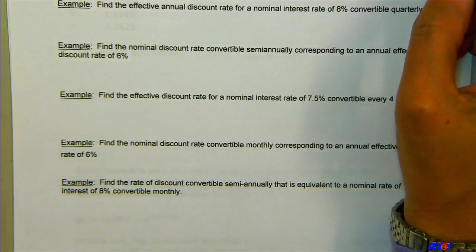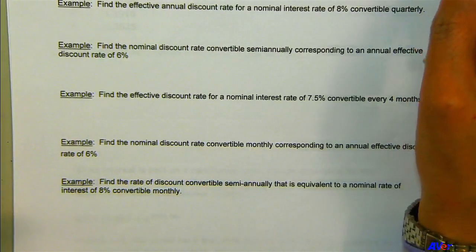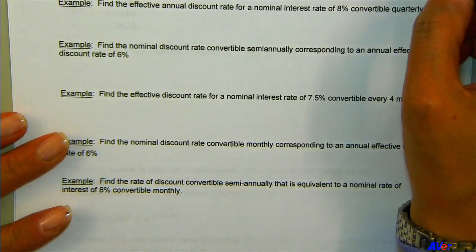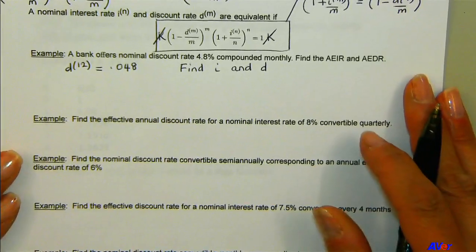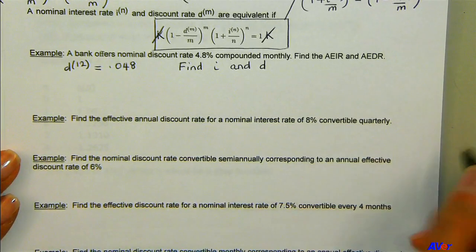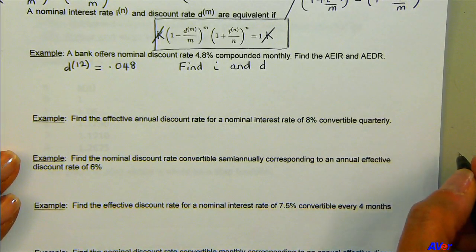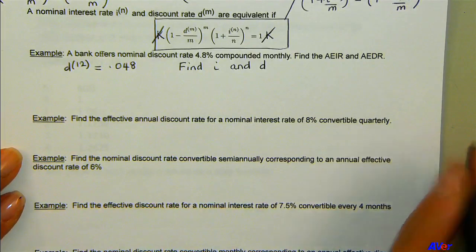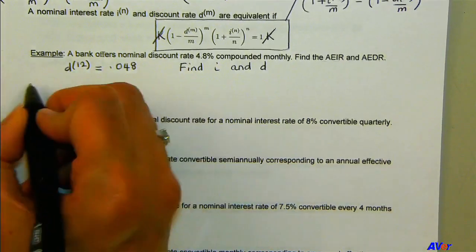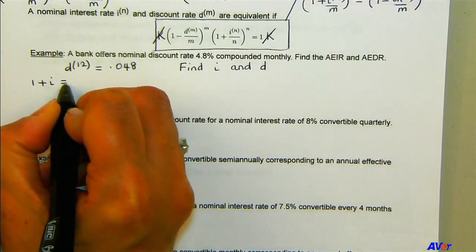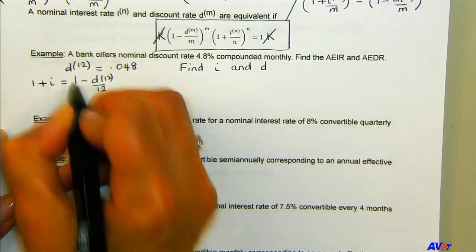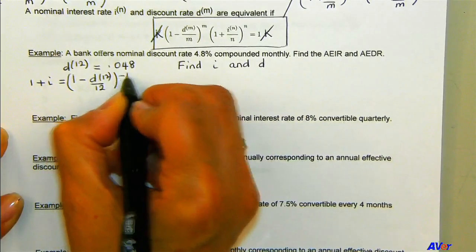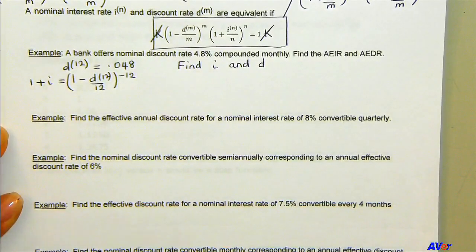d^(12) equals 0.048. Please find i and d. I want i, so let's start there. 1 plus i equals (1 minus d^(12) over 12) to the minus 12 power, and solve.